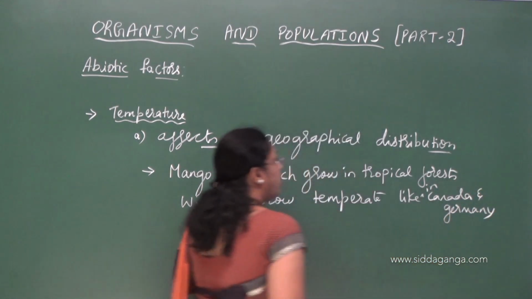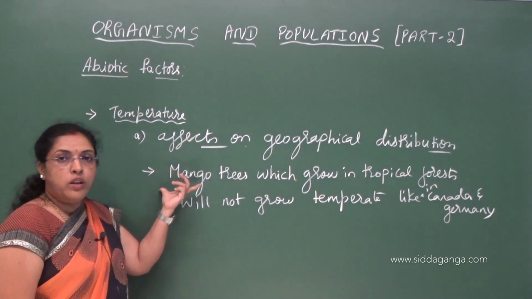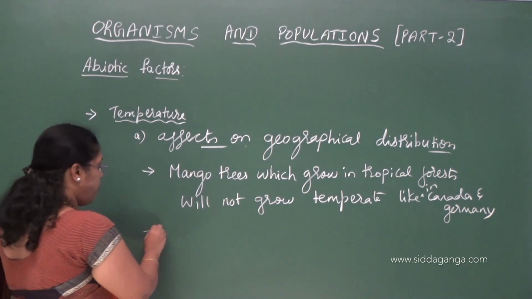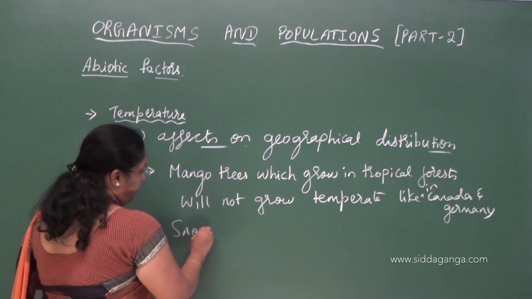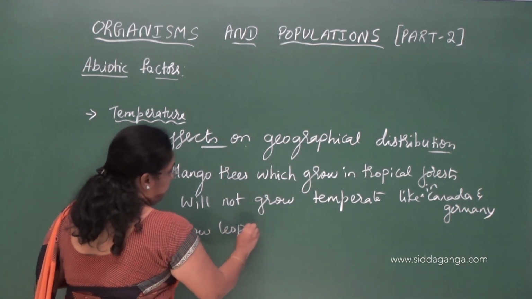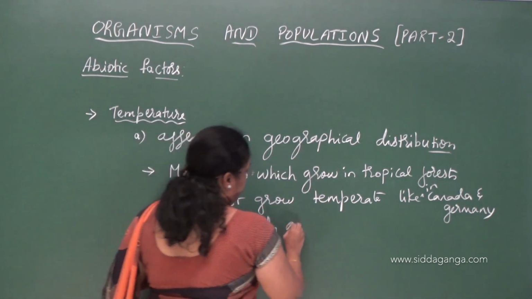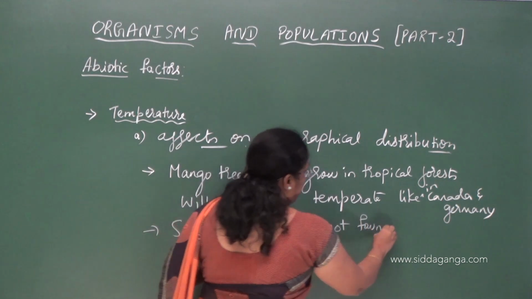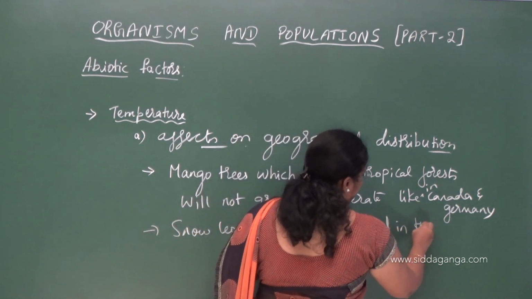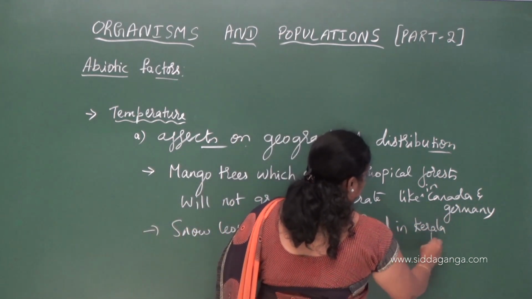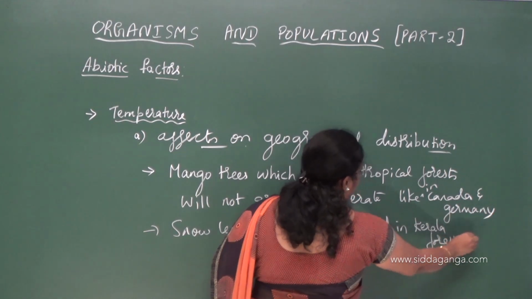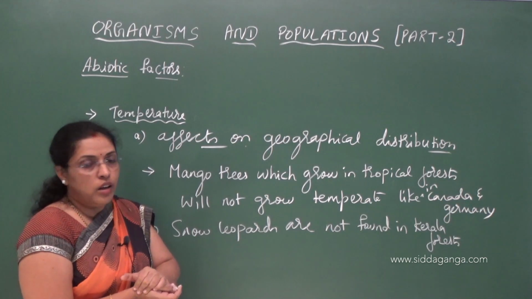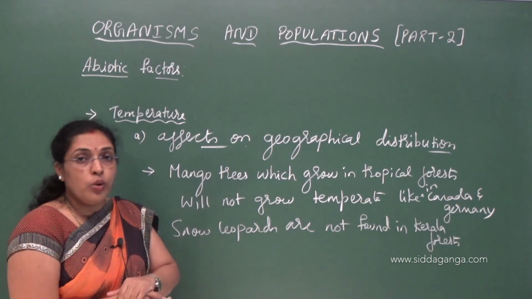And one more example: snow leopards cannot be found in Kerala forests. And one more, tuna fish are rarely caught in tropical latitudes in the ocean.